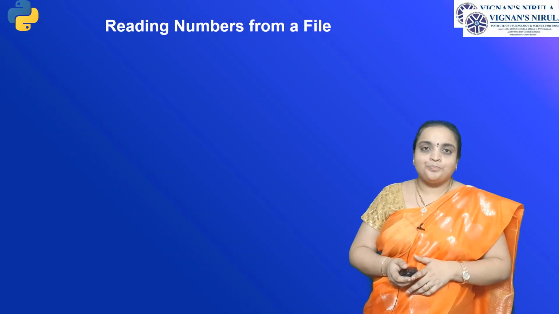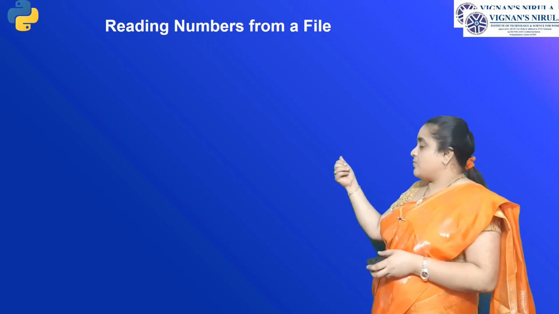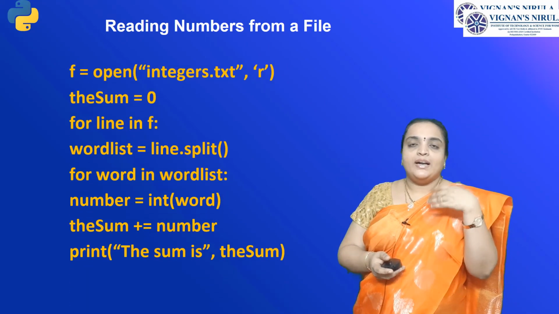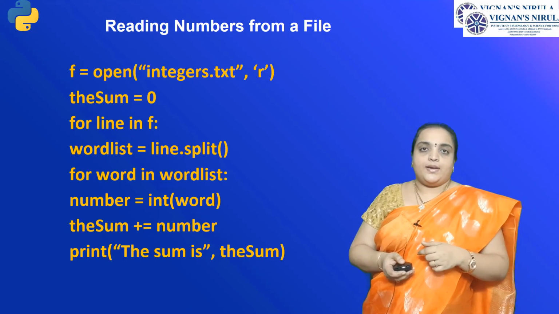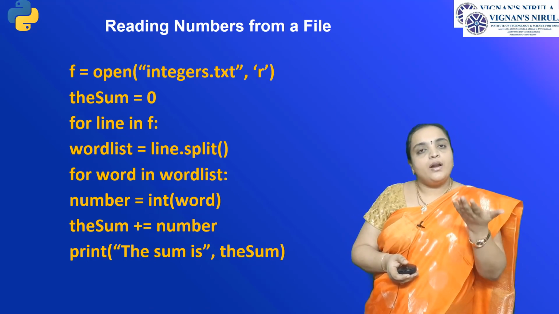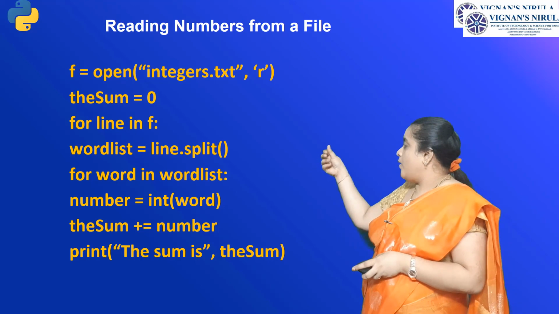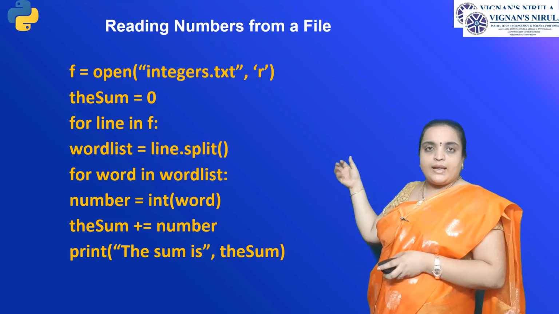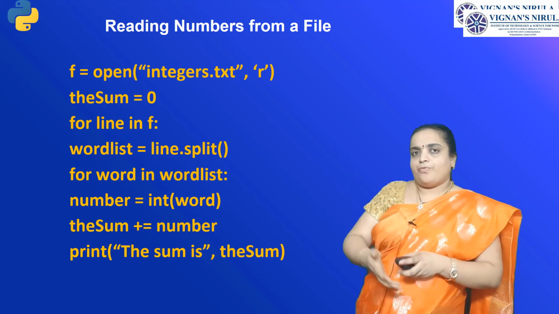Is that clear? Then reading numbers from a file. How do you read numbers? Till now we have read text, isn't it? Open the file in read mode. Here we are calculating the sum of the numbers.